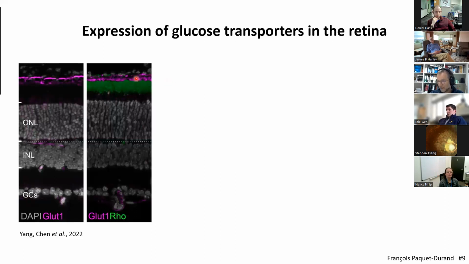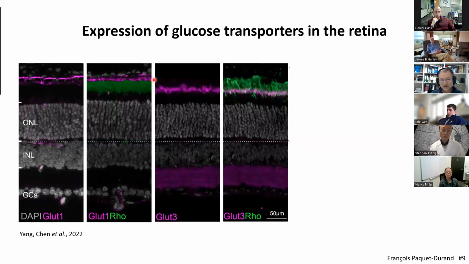Another glucose transporter that we looked at is glucose transporter 3, which we find to be strongly expressed in the inner segments, actually at the border between inner segments and outer segments of the photoreceptors. And here is a rhodopsin co-labeling to illustrate where the GLUT3 expression is localized.